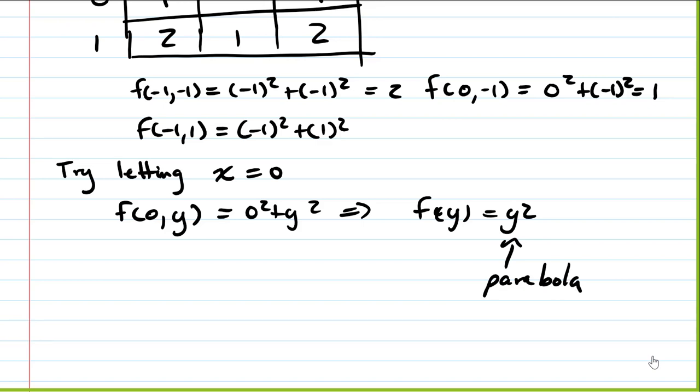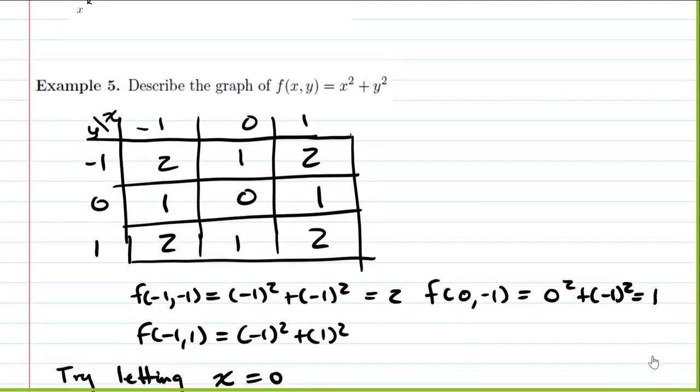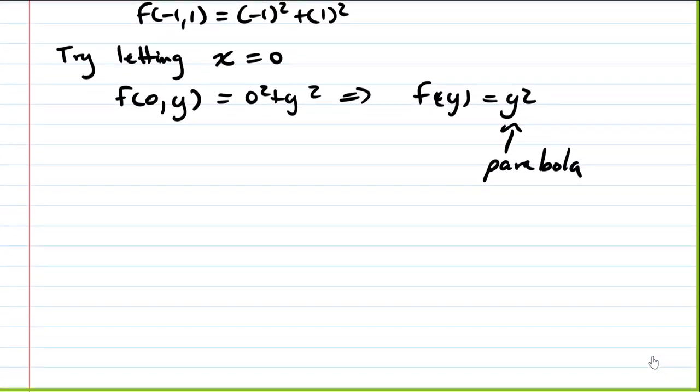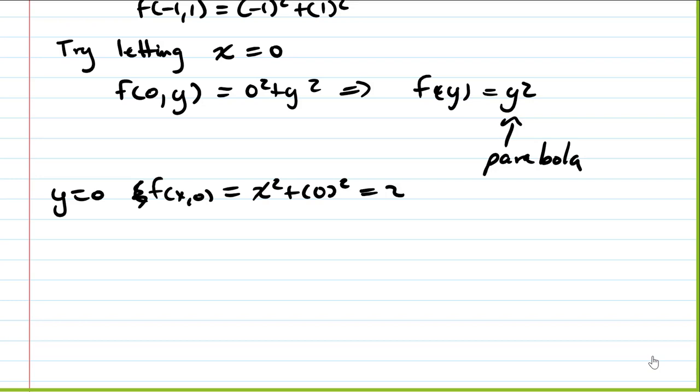So in the y direction, when x is equal to 0, we know that we get a parabola. So in terms of trying to graph this thing, we would know we would have a parabola. If we did the same thing with y equals 0, we're going to get a very similar idea. So f of x, 0 would give us x squared plus 0 squared, which would be x squared. And this is also a parabola.